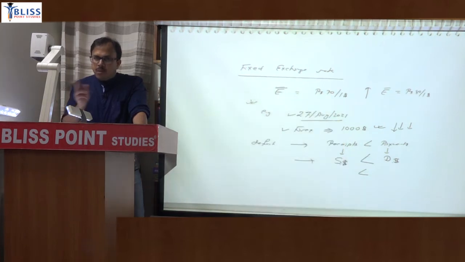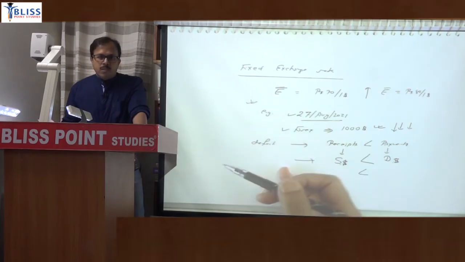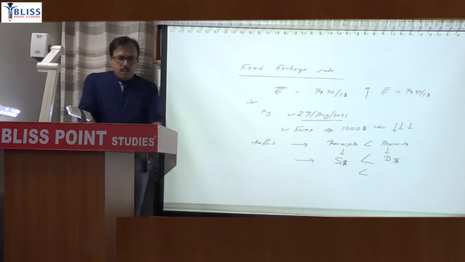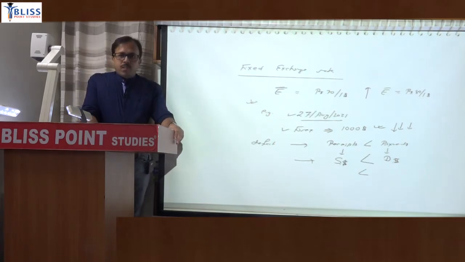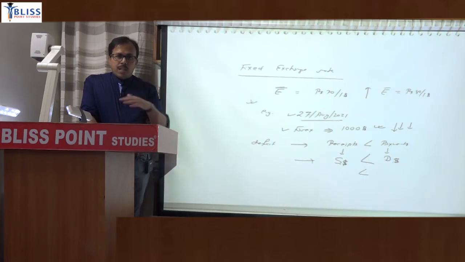Remember, if central bank will not intervene, then the exchange rate cannot be maintained constant. It works like support price system, like agriculture support price. You buy all the surplus at that support price. If you don't buy all the surplus at support price, the market price will fall.